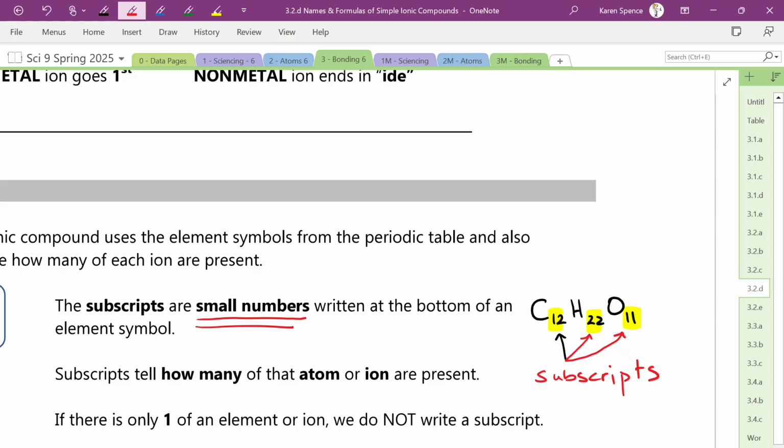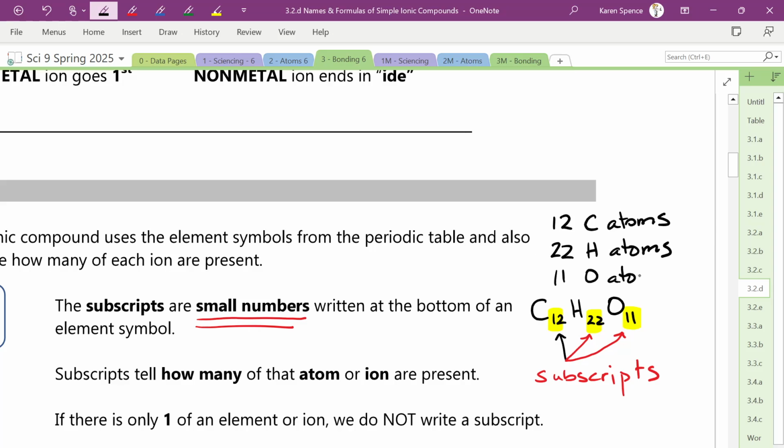That right there is the formula for table sugar, if you're interested. There's 12 carbons, 22 hydrogen atoms, and 11 oxygen atoms. That's what that means. It means we have 12 carbon atoms, 22 hydrogen atoms, and 11 oxygen atoms.